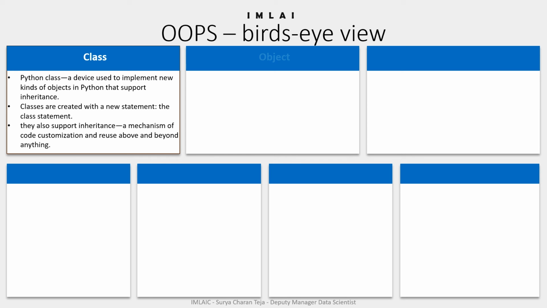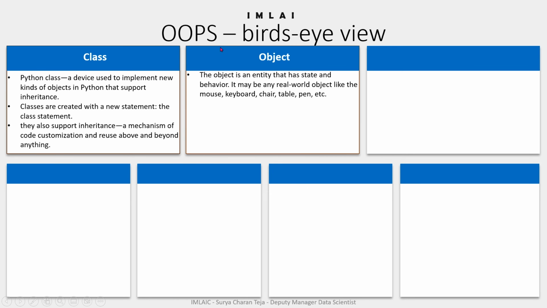From the class, we make an object. The object is an entity that has state and behavior. It may be anything from a real world object like the mouse, keyboard, chair, table, pen, human, lion.